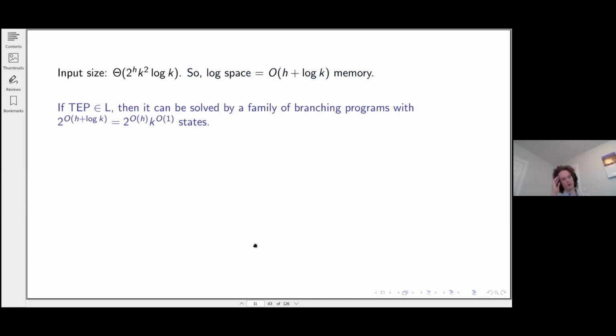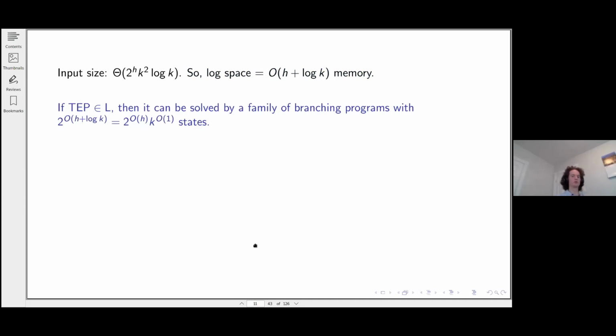Now, if you could solve the tree evaluation problem in log space, then you could convert it to a branching program, or a family of branching programs. The idea for this conversion is that every distinct configuration of the Turing machine turns into a distinct state in your branching program.